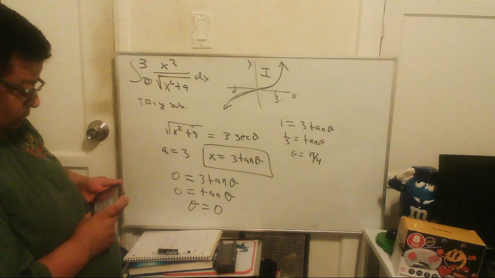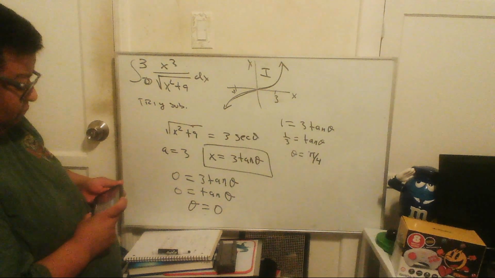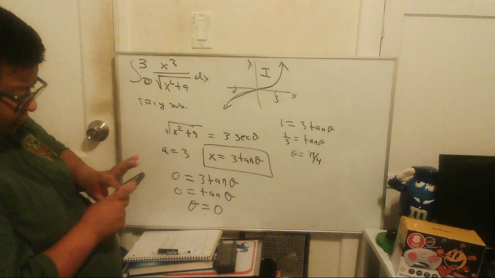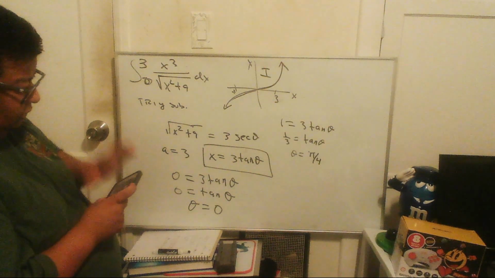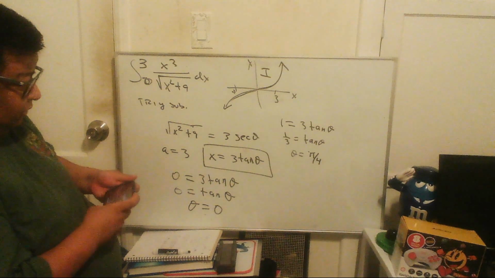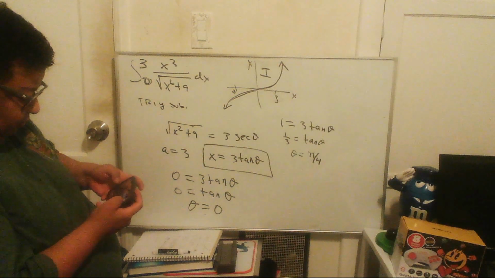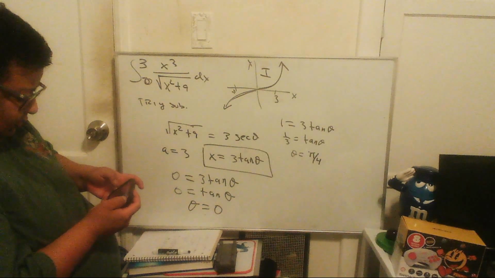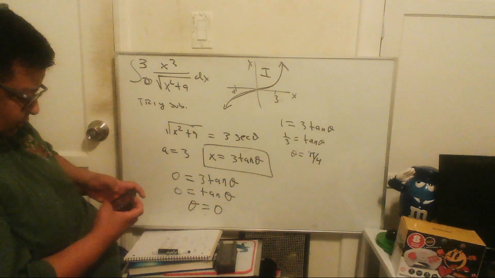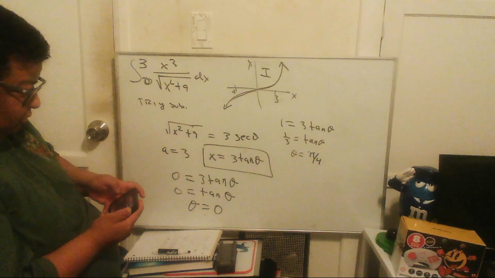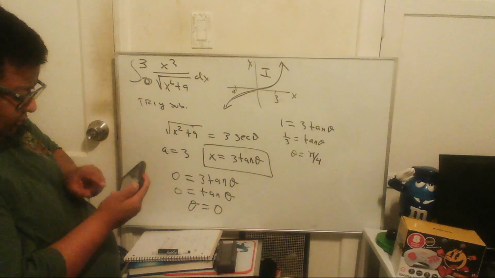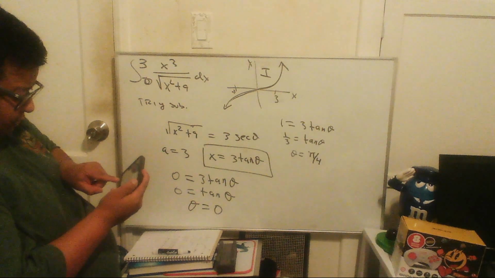Okay. 1/3 is 0.333, and pi divided by 4 is 0.78.